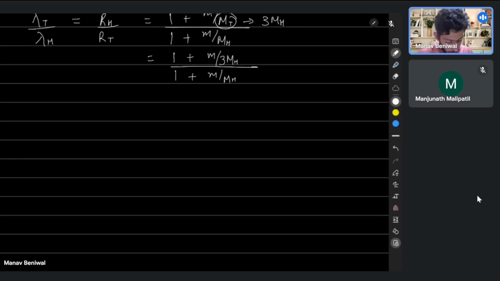And now we know the ratio of the mass of electron and mass of proton, m over mh, that is 1 over 1836, right?